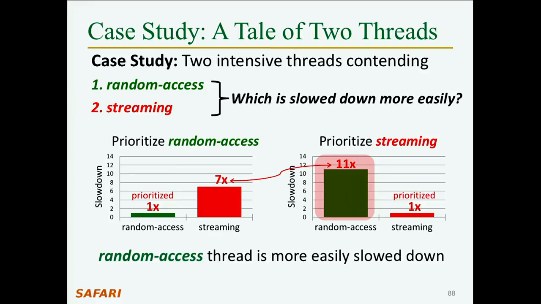Basically, a random access thread is easier to slow down because it's more vulnerable to interference. The reason is it spreads its requests across banks. And if you have a streaming thread that hogs a bank, this random access thread cannot make much progress. The probability of something interfering with a random access thread is much higher because it spreads all of its requests across these different banks.